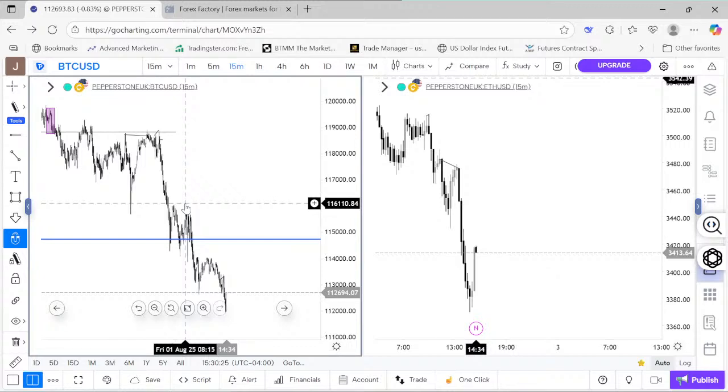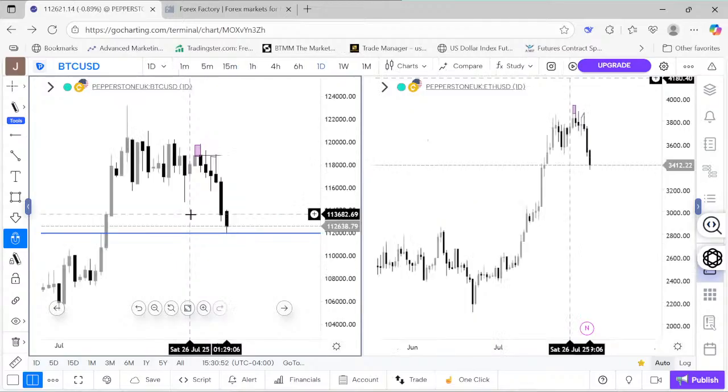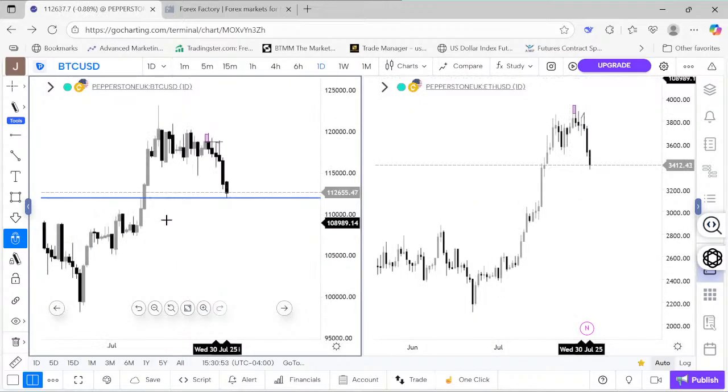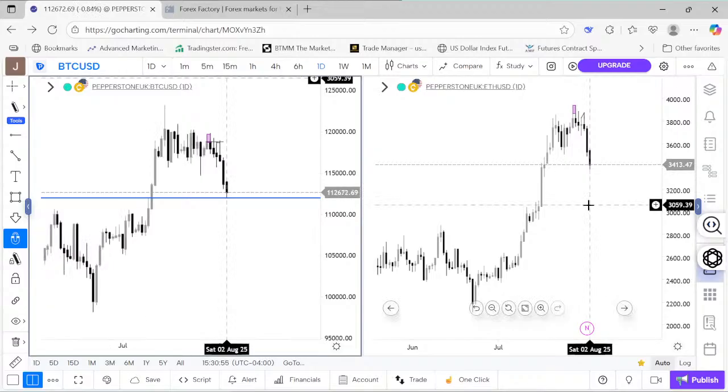I'm just going to move this line instead of adding more lines. We had a breakout of those highs, which is exactly where price is sitting, and we have that cracking correlation happening with price action here.